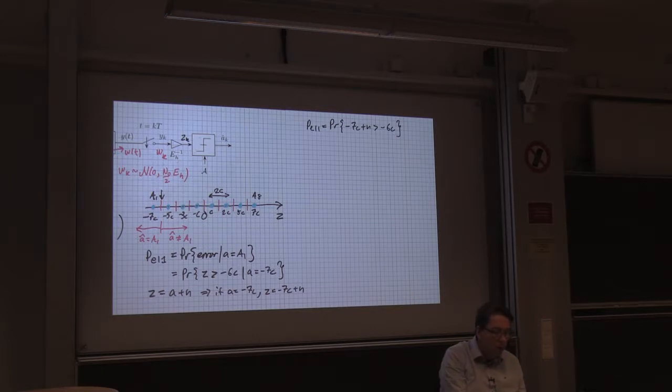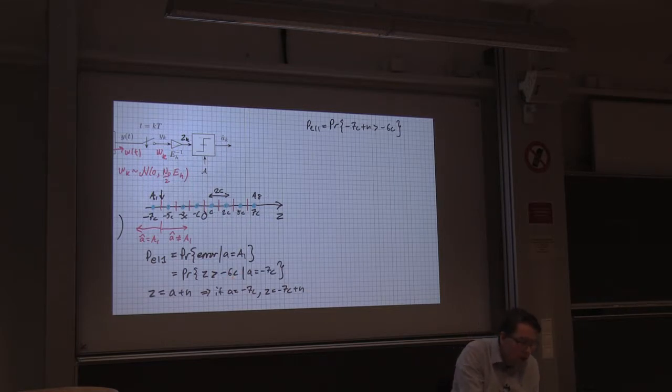Why is that? Well, it's because conditioned on that A is negative 7C, then Z is negative 7C plus N. So that's what we have here. And the right-hand side of the inequality is the same, minus 6C.